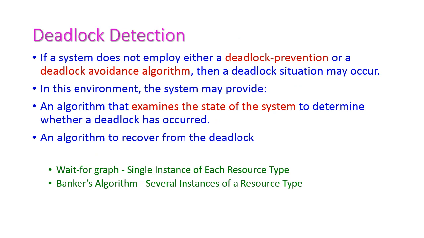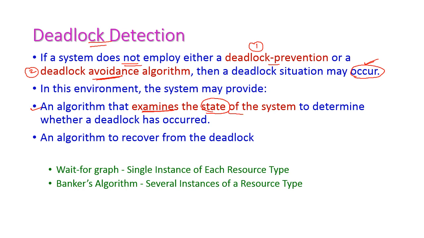What is deadlock detection? If a system does not have a deadlock prevention algorithm or a deadlock avoidance algorithm, then there is a chance for deadlock to occur in our system. In this situation, we have to implement an algorithm to examine whether a deadlock occurs in the system or not.